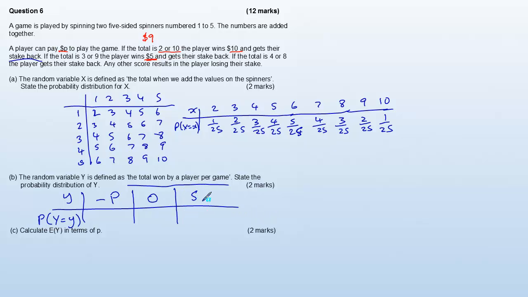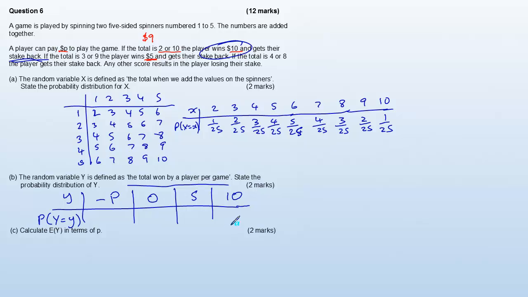They can win $5, that was 9 in your test, or $10. Not 5 plus P or 10 plus P or any of that business. If you give your stake in and then you get it back, you're at 0. And it does say here they win $10 and get their stake back.